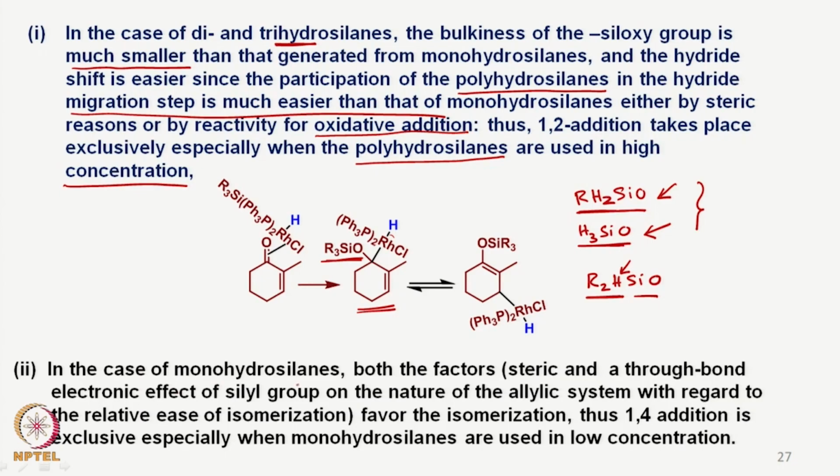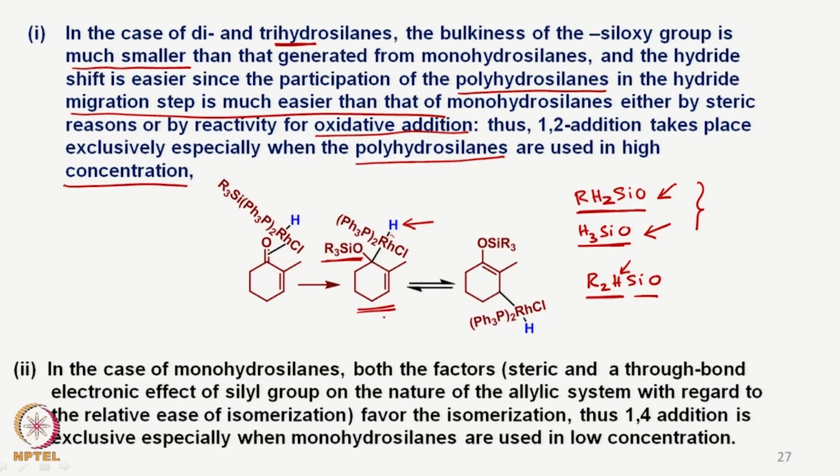In the case of monohydrosilanes, when there is hydrogen only 1 present, that means on the rhodium only 1 hydrogen has come from the silane that we have used, and R3 is larger groups. Both the steric and through bond electronic effect of silyl group on the nature of the allylic system with regard to the relative ease of isomerization.